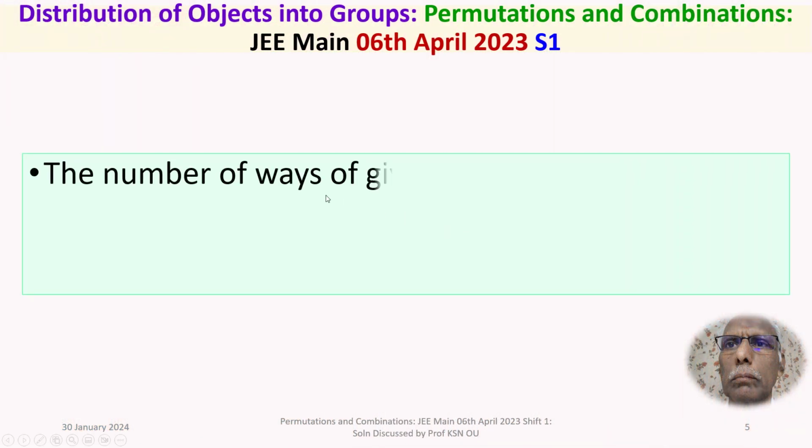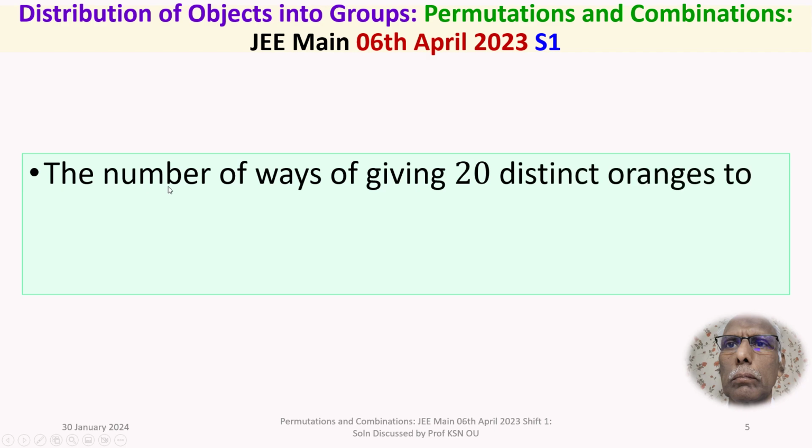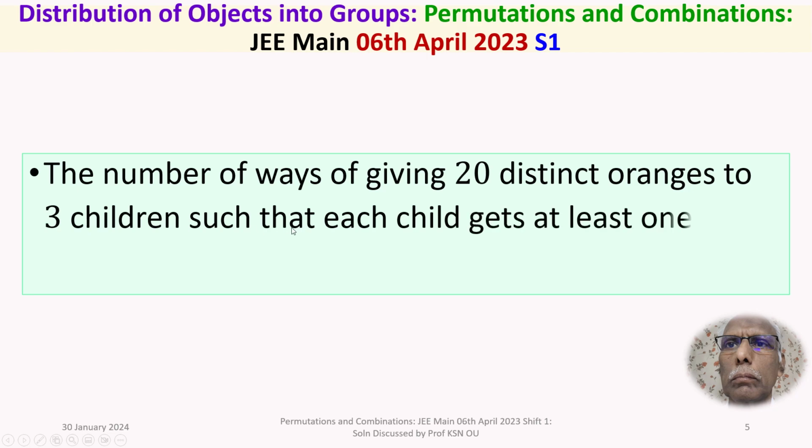The given question is: the number of ways of giving 20 distinct oranges to 3 children such that each child gets at least one orange is.